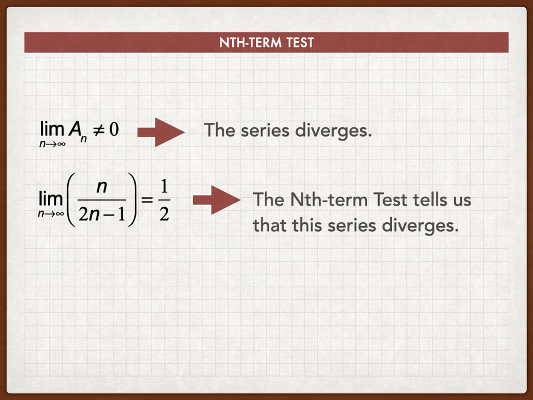The limit of n over 2n minus 1 is 1/2, not 0. The nth term test tells us this series diverges. Moral of the story? Yes, there is a moral. Always start with the nth term test. Oh, and there's that 1/2. As n gets large, the sum goes up and down by 1/2.